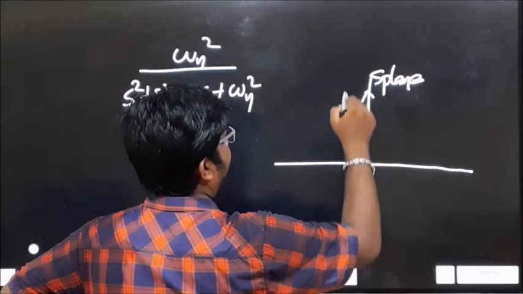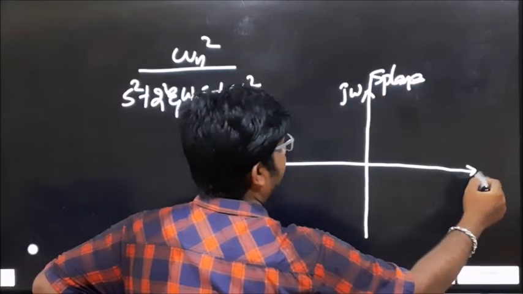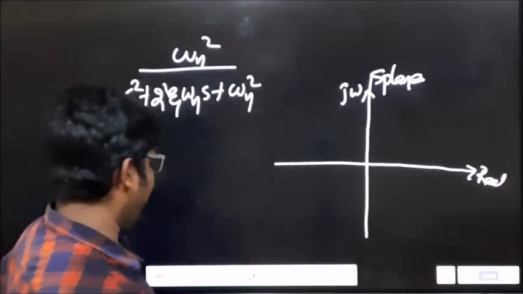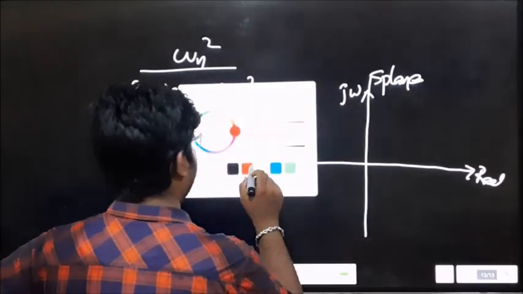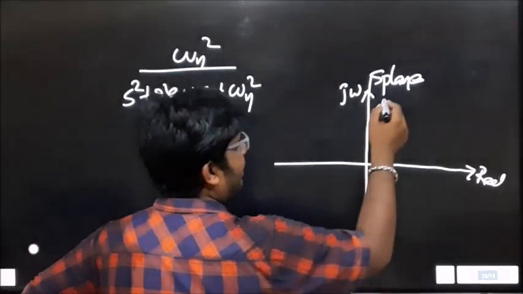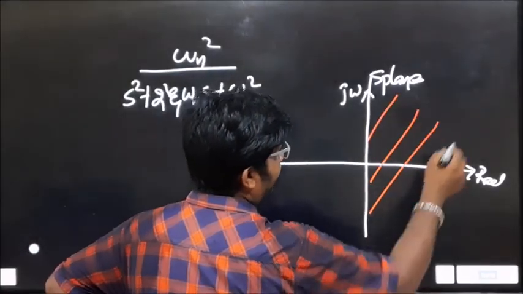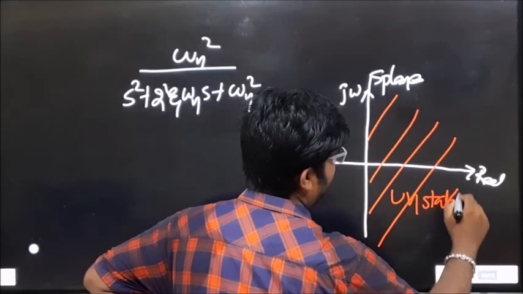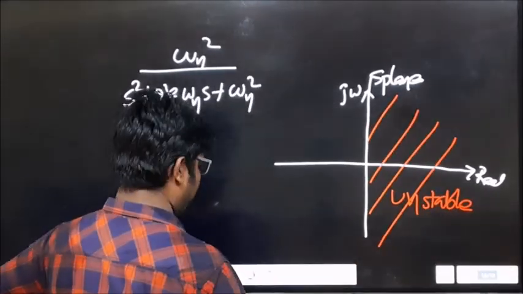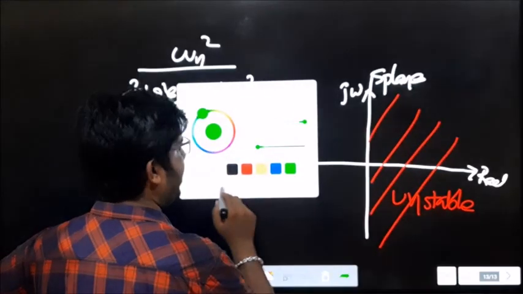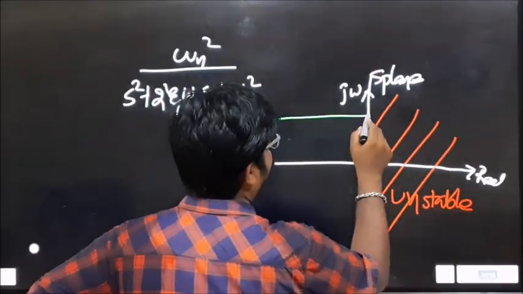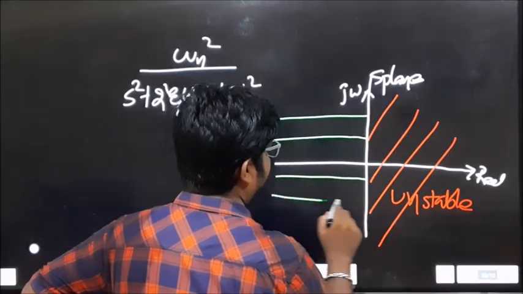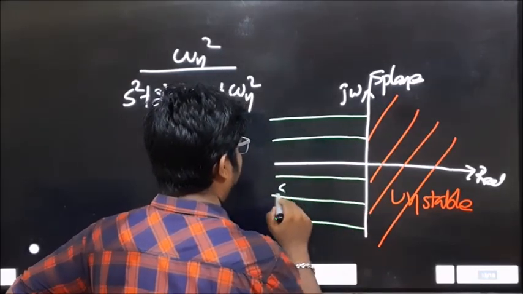This is the j omega axis, this is my real axis. If my poles are lying in the right half of the S plane, the system is unstable. But if the poles are located on the j omega axis or in the left half of the S plane, then the system is stable.